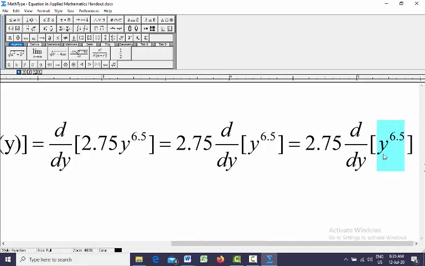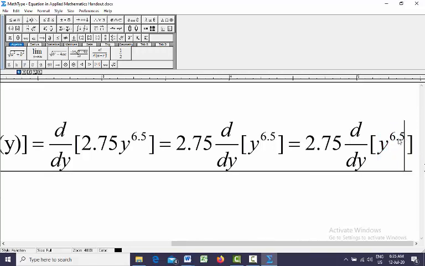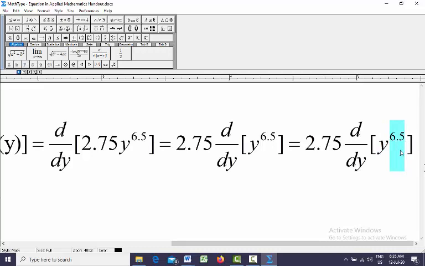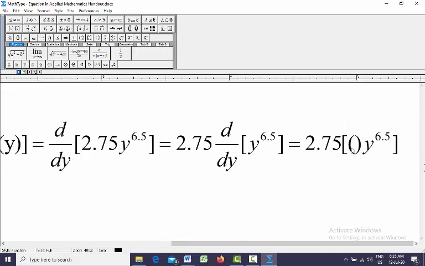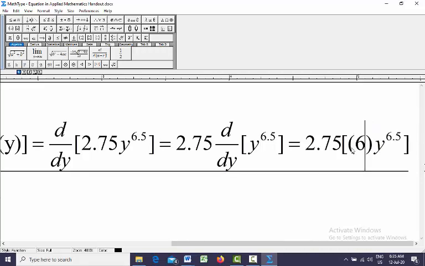As I said before, whenever you see there is a power over a variable, that power needs to come down. You need to write the power first. So if you do differentiation, you write 6.5.